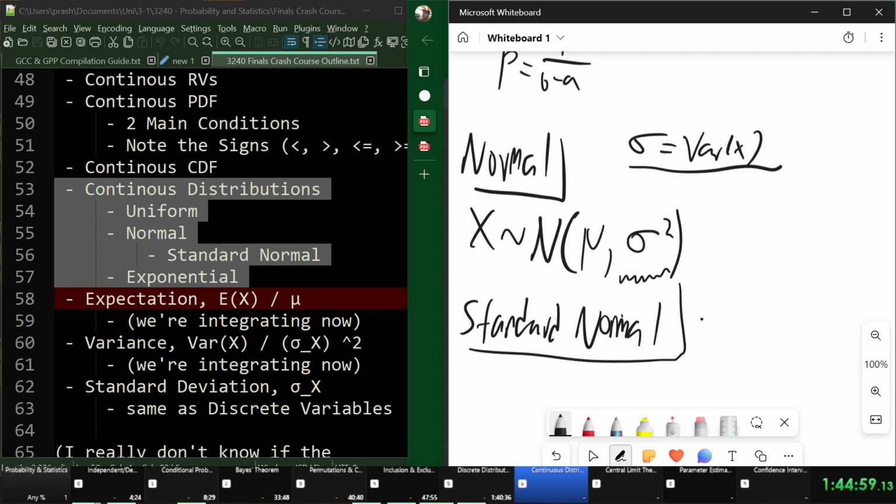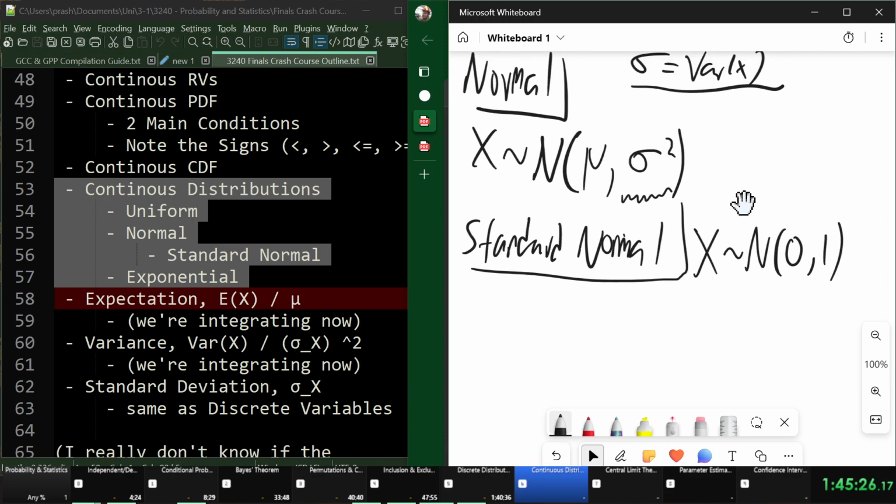This has a very particular shape, where the mean is 0 and the variance is 1. It's called standard because every normal distribution can be shifted to the exact same version. So every normal distribution can become a standard normal distribution.